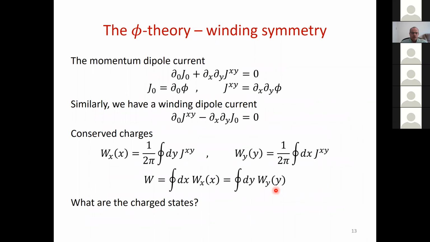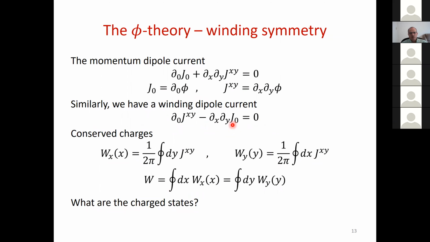This system also has a winding symmetry. We already discussed the momentum symmetry in its conservation equation. So this was a Noether equation, and these are the currents. And Shimon asked me whether I could reshuffle the derivatives, but I didn't. But just as we have this, we also have this equation. We can let d by d0 act on this operator and dx dy act on that, and that's like a winding symmetry.